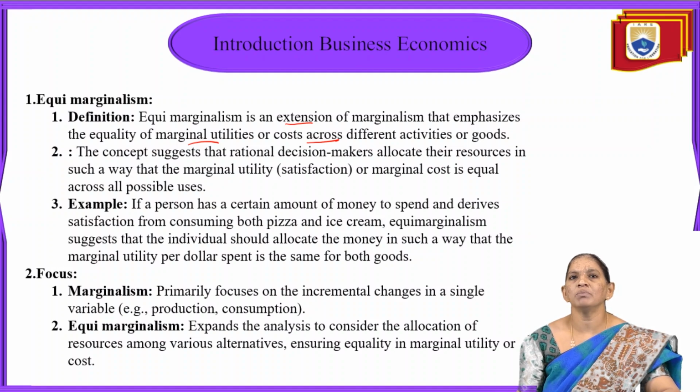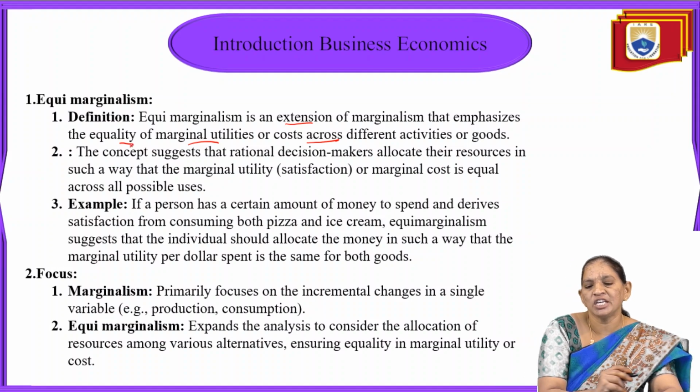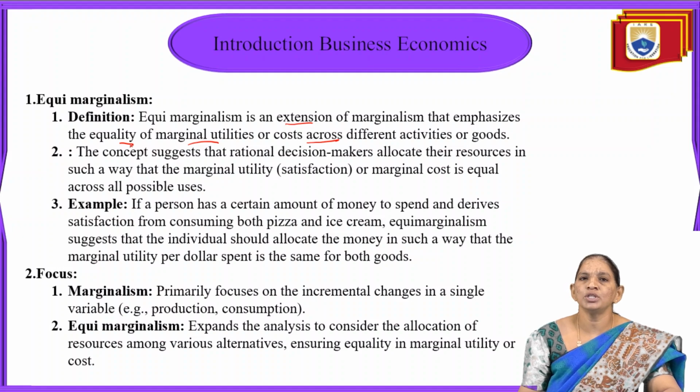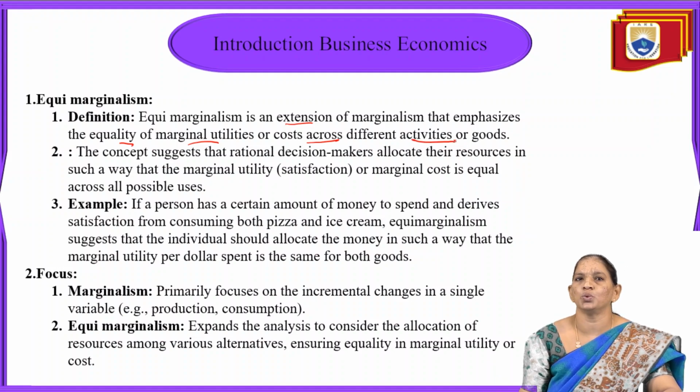It gives more emphasis to the additional benefits an organization or economic person will get, relating to the equality of margins used for utilities or cost across the different activities. Means the additional benefit we earn should be equalized between the cost and the revenue, and this gives equi-marginalism.